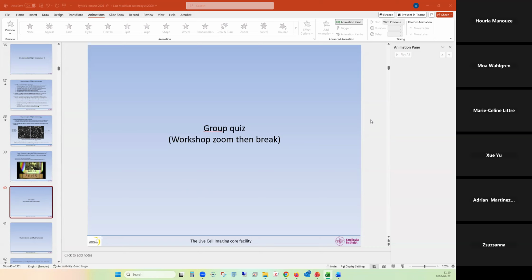But what we do not want is that the mounting medium lifts the cover slip away from the sample. So we would like to have just enough mounting medium so that the cover slip is against the sample. Right? We do not want a big sandwich, a big layer of mounting medium between the objective and the sample. That's what we want to avoid, yeah?